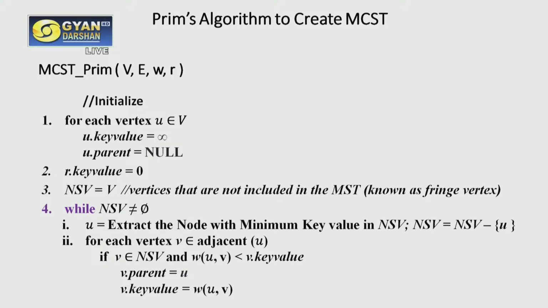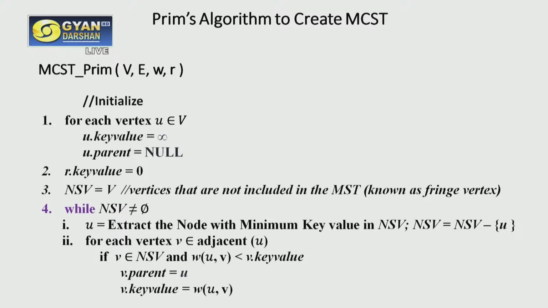Initially we retrieve the root and thereafter we retrieve the next node based on the weight factor. That is, we retrieve say U, extracting the node with minimum key value in NSV.